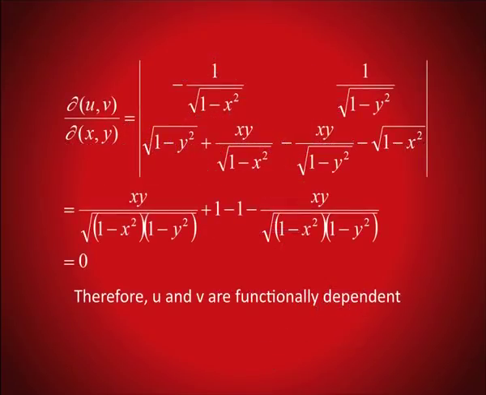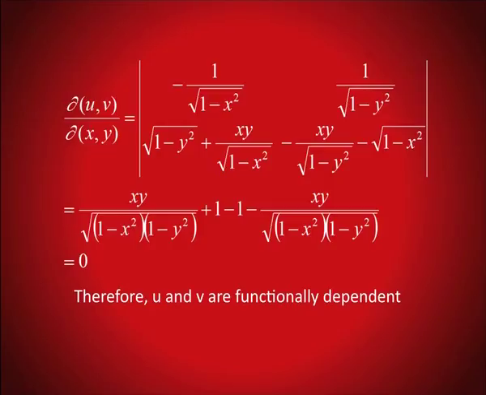Therefore, the Jacobian value del(u,v) over del(x,y) is expressed as the determinant: minus 1 upon root 1 minus x square and 1 upon root 1 minus y square in the first row, and in the second row root 1 minus y square plus xy upon root 1 minus x square and minus xy upon root 1 minus y square minus root 1 minus x square.